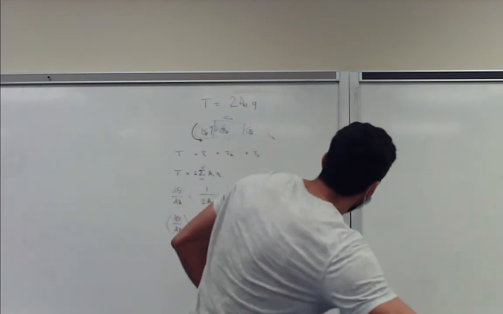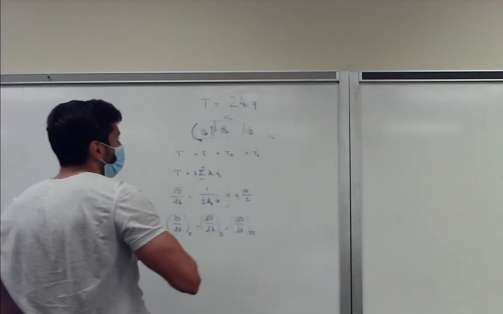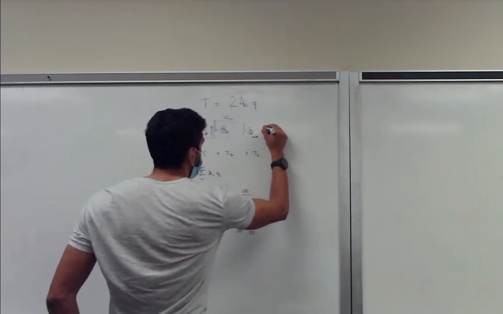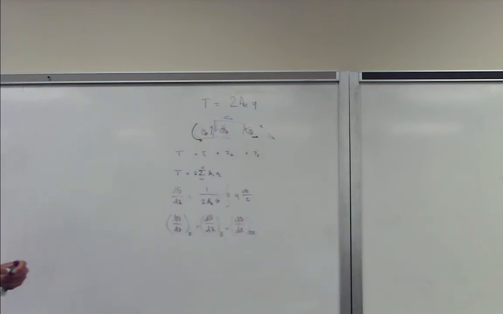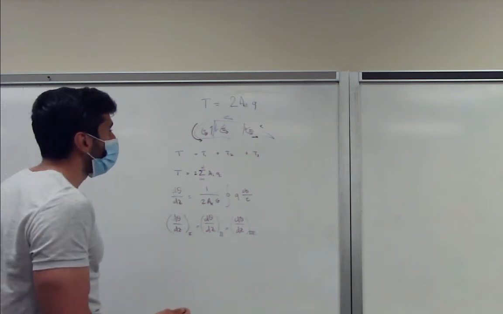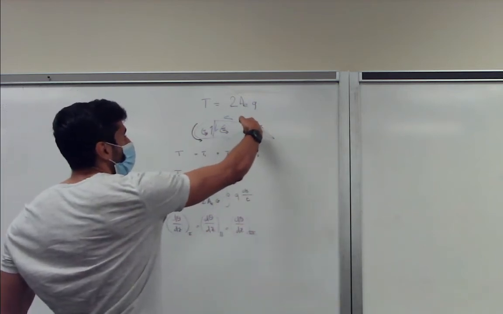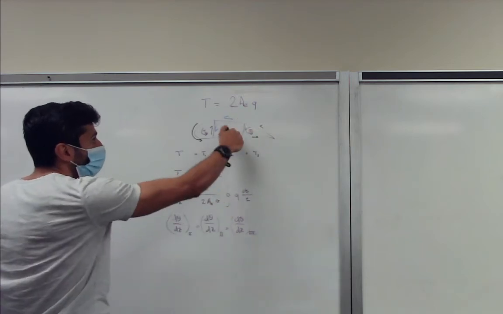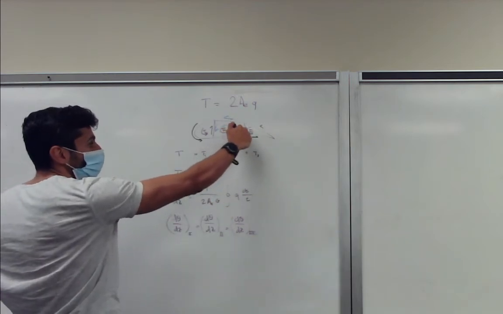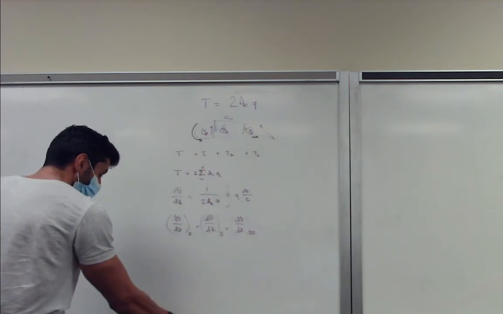And for cell 3, we'll also have a shear flow going to the right, then going up, and on the right hand side of our second cell, it will go down, while on the left hand side of our second spar, it goes up.